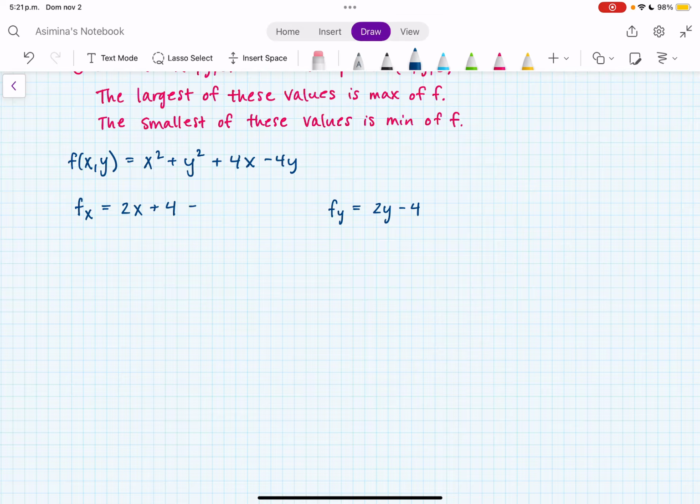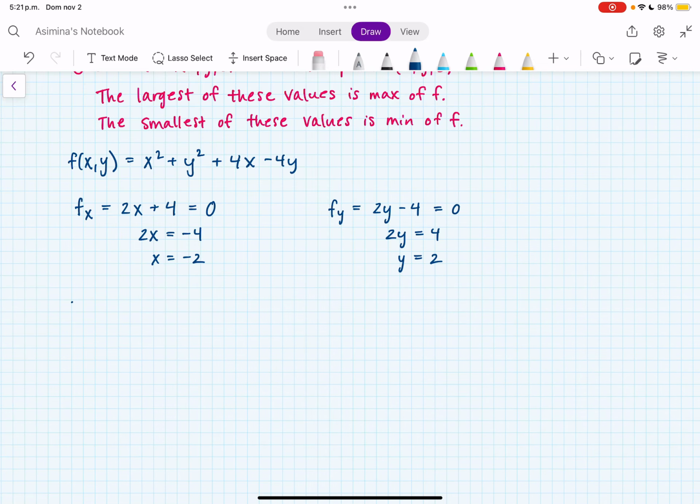Now we want to set these equal to 0 and see what we get for x and y. If we set fx equal to 0, 2x plus 4 equals 0, so 2x equals negative 4, and dividing by 2, x equals negative 2. For fy, 2y minus 4 equals 0, we add 4 to both sides, 2y equals 4, so y equals 2.